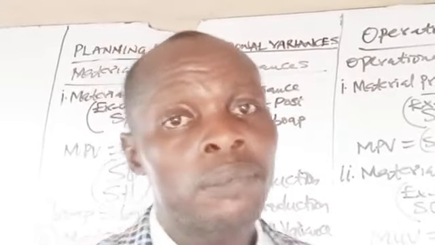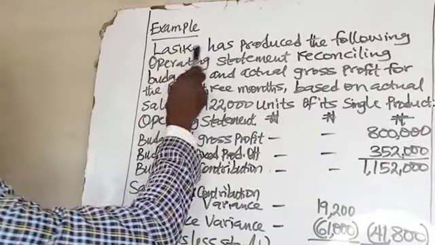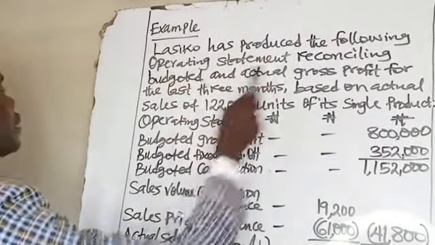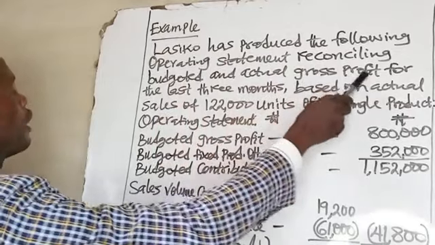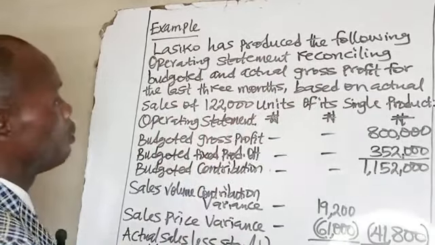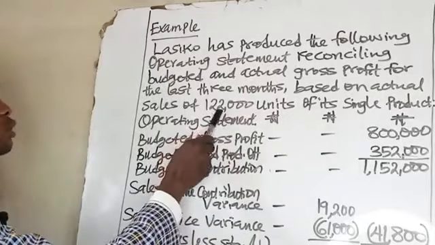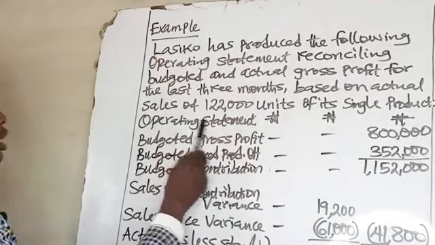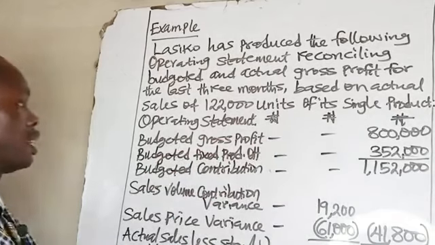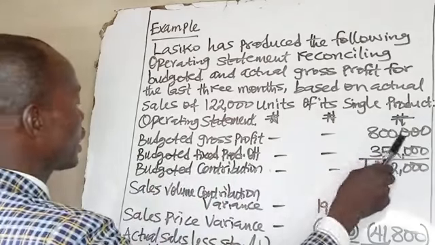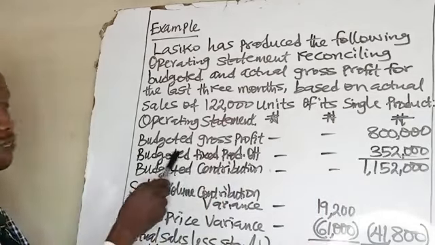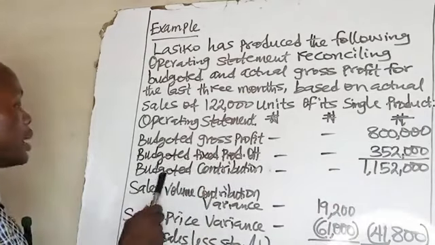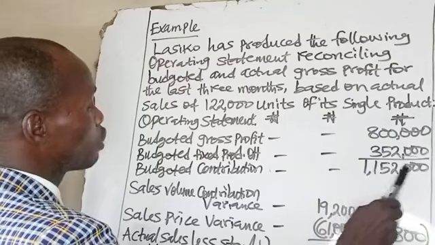Please keep watching. Example: LASICO has produced the following operating statements reconciling budgeted and actual gross profit for the last 3 months based on actual sales of 122,000 units of its single product. Operating statement in Naira. We have the budgeted gross profit of 800,000. Budgeted fixed production overheads, 352,000. Budgeted contribution is 1,152,000.